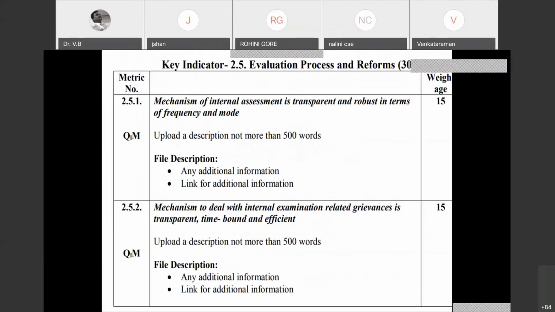And the next one is: the mechanism of internal assessment is transparent and robust in terms of frequency and mode. So it is qualitative.